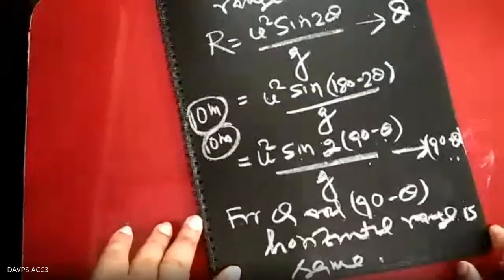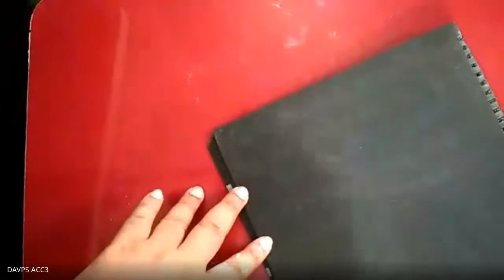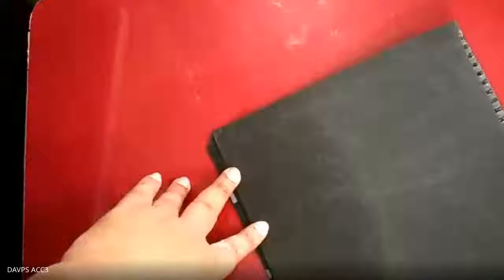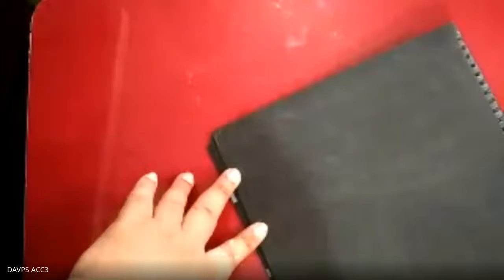The question Dibya was asking, Dibya asked me one question. What was the question, Dibya? You tell me. For the same... Just tell. The question I am just remembering: for two different values of vertical height, the horizontal range remains same.